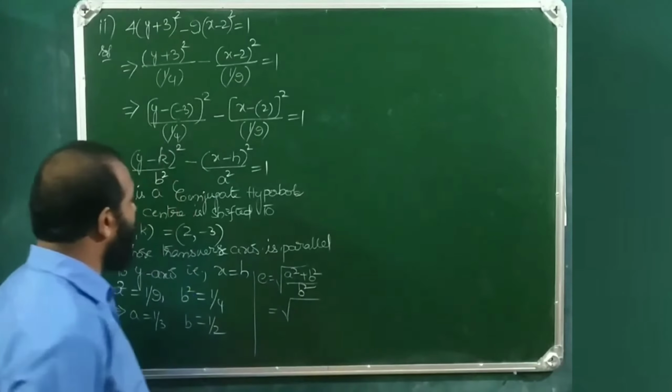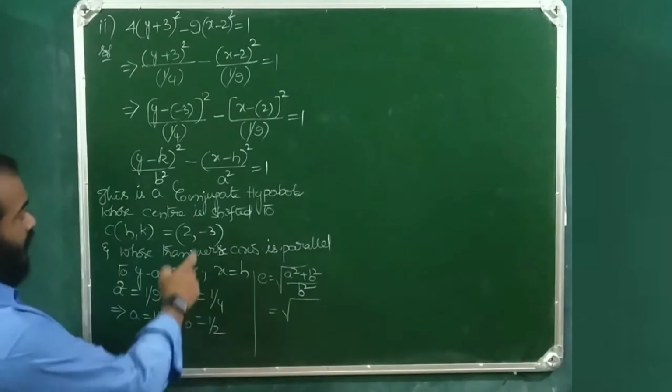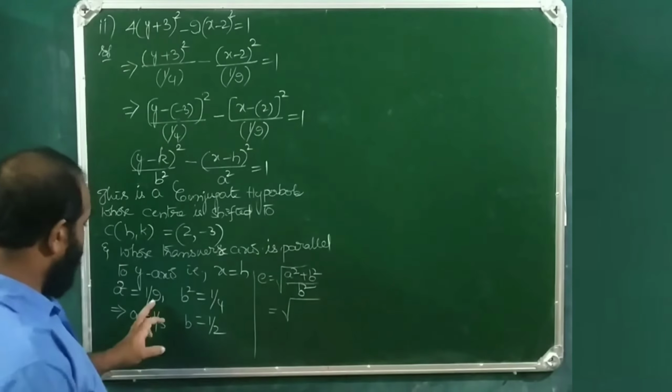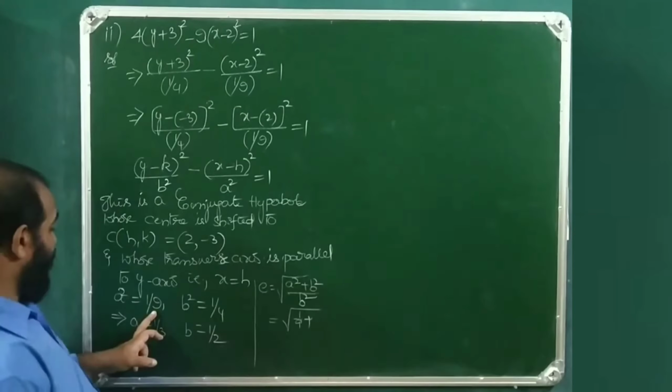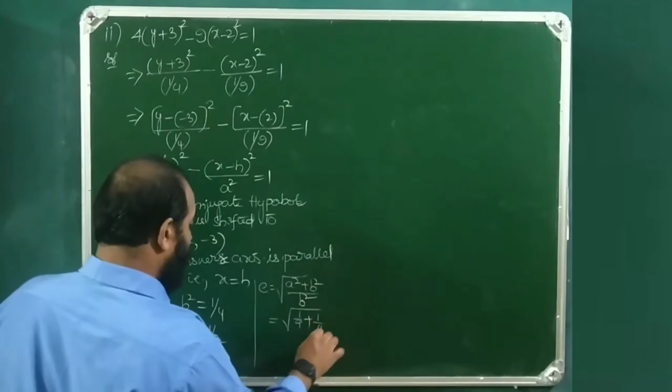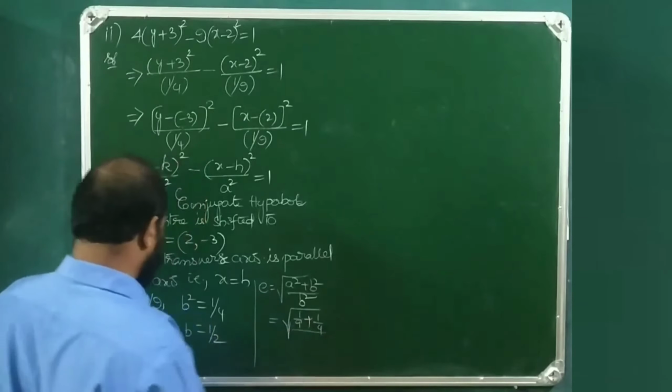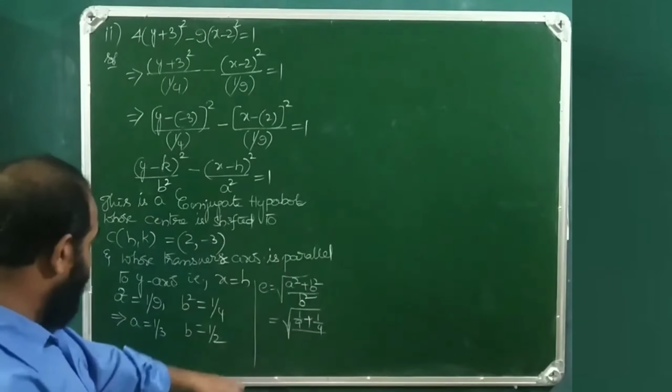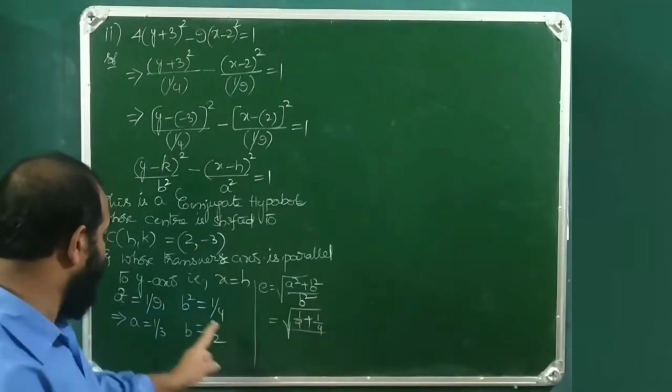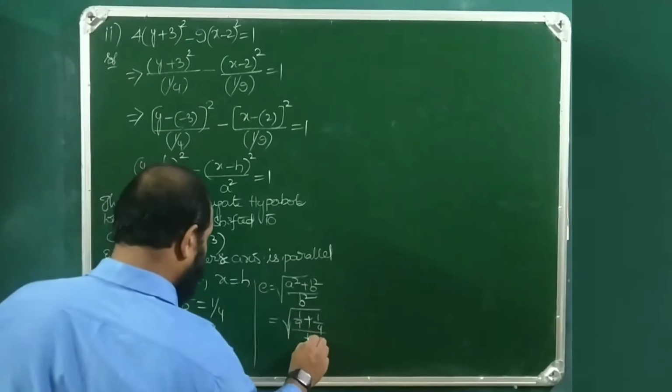So a square is 1 by 9, b square is 1 by 4.